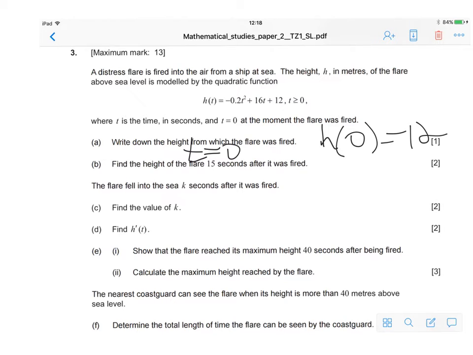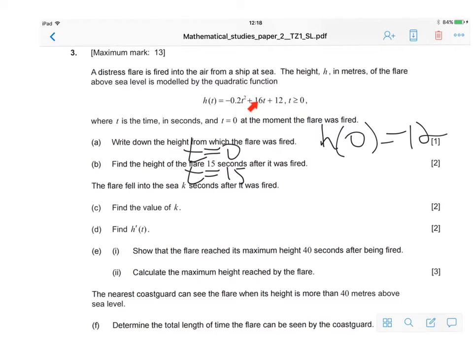Okay, and then find the height at 15 seconds. So you've got to plug T equal to 15 into the function up here. So again, you're going to get negative 0.2 times 15 squared, square 15 first. That's 225, a fifth of 225, negative a fifth is negative 45, I think.